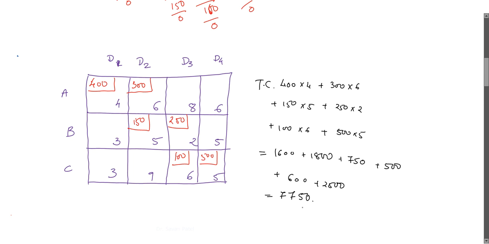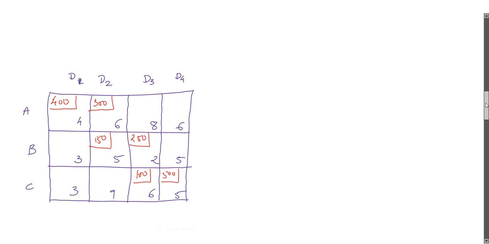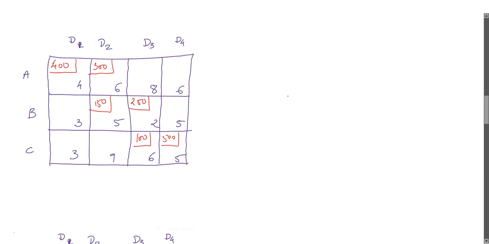Now we start with the stepping stone method. I already have pasted the table, so we can reduce the time. Now I think of allocating from here, that is, transporting from A to D3. In that case, the loop goes from here to here, here to here, and from here back to the original point.